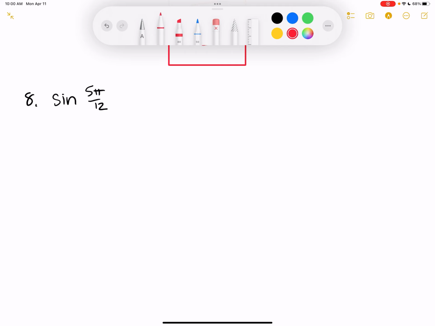Go ahead and just write the angle stuff because I think y'all should be good with that.